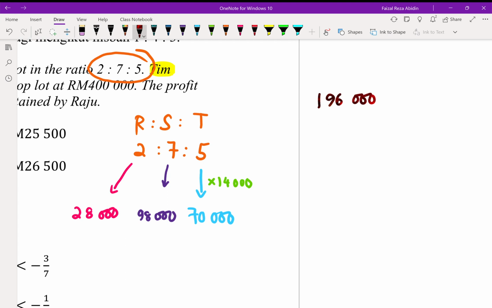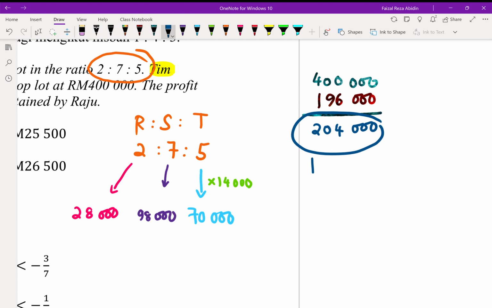Okay, they sold the shop lot for 400,000. So now can I find the profit? Yes. How much of profit? 204, isn't it? This is going to be the profit.